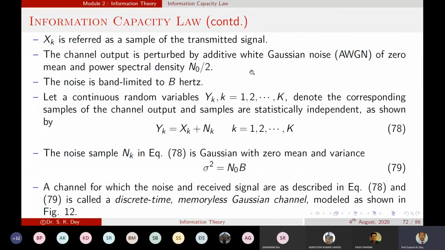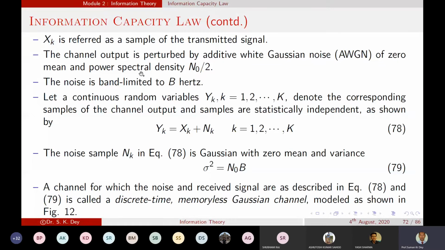So the property of the noise is that it has zero mean, and the power spectral density of the noisy channel is equal to N0 by 2.